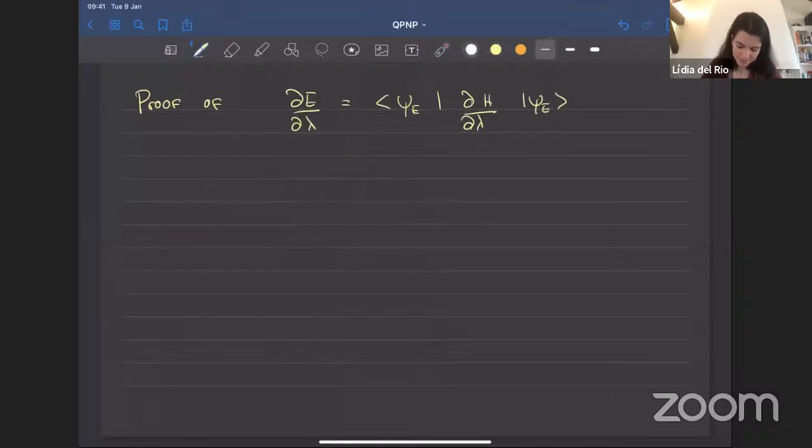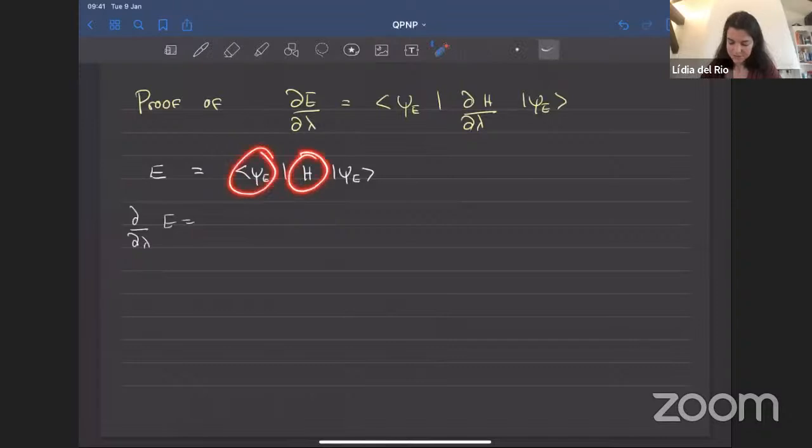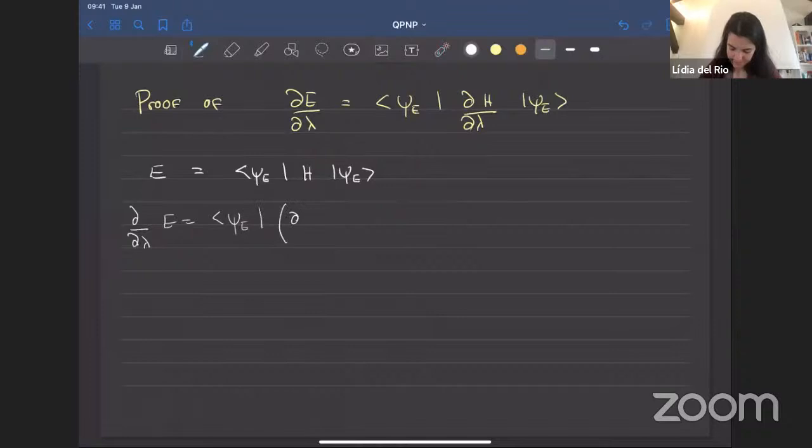So it's very simple. We just take that, well, E was the average energy by definition, right? It is the average of the Hamiltonian for this eigenstate. So now if we take the derivative of E, then you get 3 terms, right? Because we have here 3 objects and you get 3 terms. So let's write first the middle term because that's the one that needs to stay. So we have the expectation of dH d lambda.